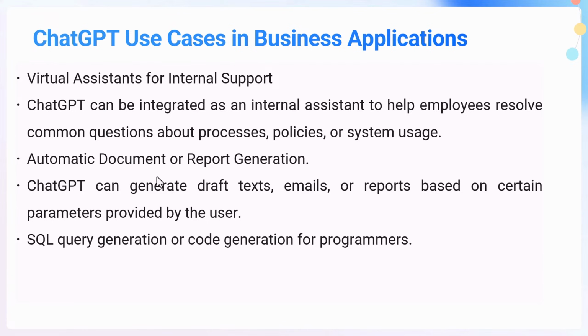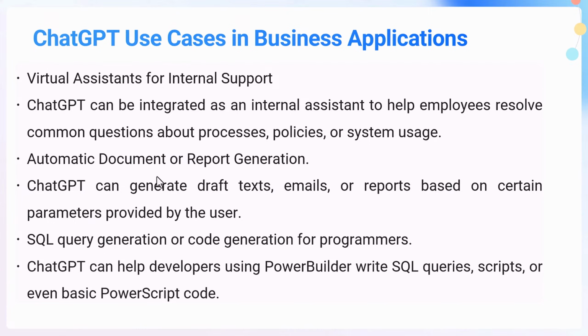Code assistants help developers write SQL queries, PowerScript snippets, or even documentation. Imagine embedding a small AI assistant inside your PowerBuilder app that helps users interact with the system in natural language. That's the power we are talking about. Okay? So keep that in mind.